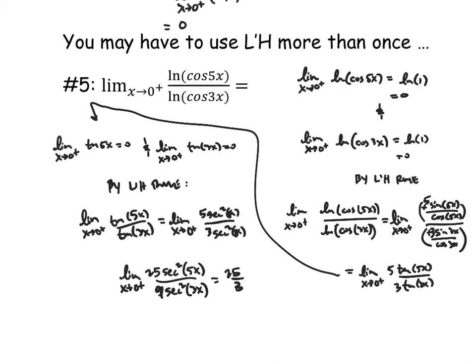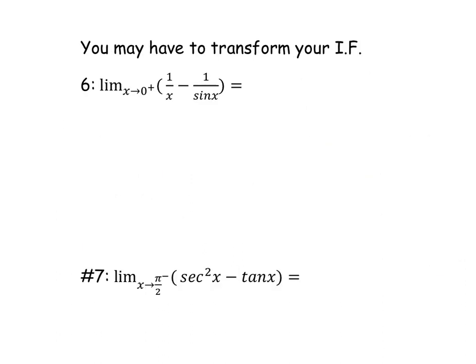So I should get 25/9 here. My bad, I forgot my derivative chain rule action along the way. Okay, so the limit as x approaches 0 from the right of ln of cosine of 5x over ln of cosine of 3x ends up equaling 25/9, even though we got the form 0 over 0. All right, let's keep working.